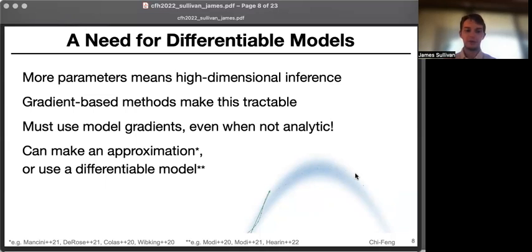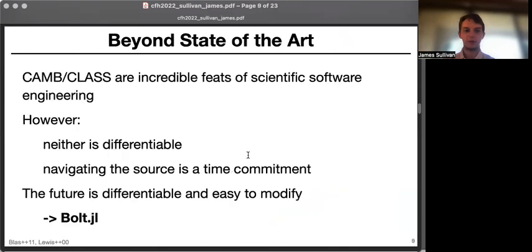There are a few examples of some work on both of these things at the bottom here. But we're going to advocate using a differentiable model, the latter, and in particular using a differentiable Boltzmann code. And this graphic here is just a schematic of Hamiltonian Monte Carlo, an efficient high-dimensional sampling algorithm that would work if you had a differentiable model.